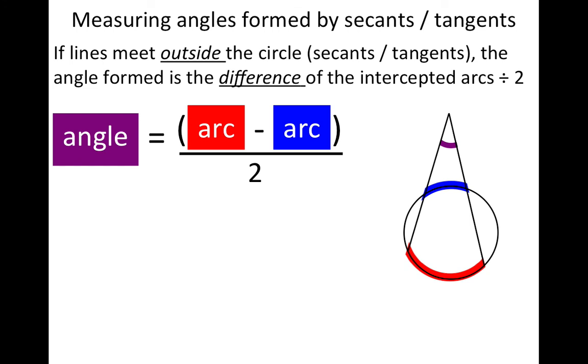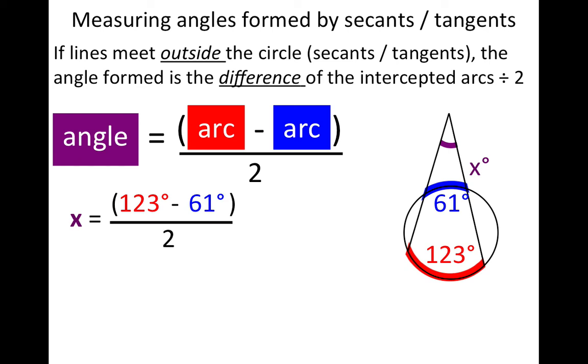So let's again do an example to see how this works. If I'm going to call my purple angle x, and I know it's the difference of two things, and those two things are, if my red angle is 123, I can put that in, and if my blue angle is given as 61, I can put that in, and take those things and divide by 2. So x equals 62 divided by 2, or in this case, x equals 31.